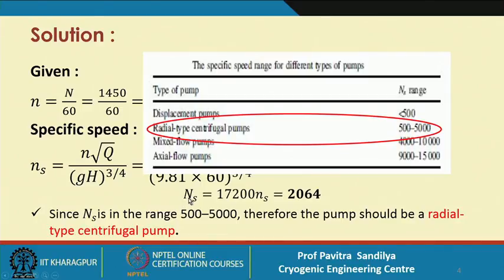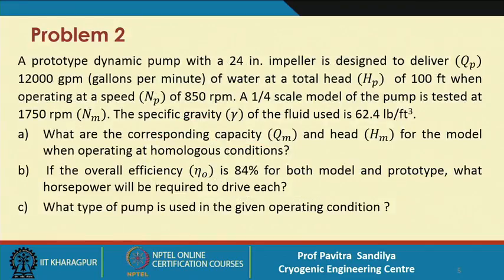So, based on the value of the specific speed, we recommend the radial type of centrifugal pump for this particular application. This is a very straightforward manner of utilizing the specific speed, which we find from the given data, to decide the type of the pump.